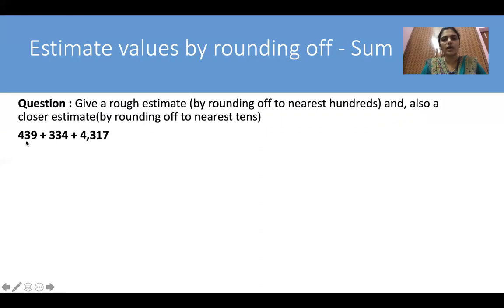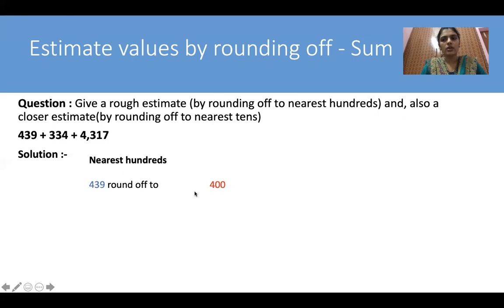First we find its rounding off to the nearest 100. How do we round off this number to the nearest 100? As we discussed earlier, first check that 439 lies between 400 and 500 and it is closer to 400, so its estimated value to the nearest 100 is 400.